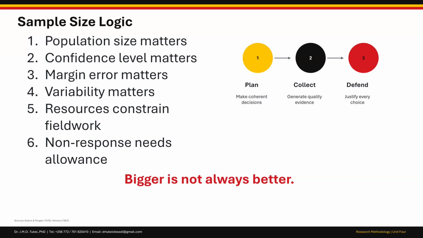We need to depend on the population size, the margin of error, and the confidence levels, and also ensure that we follow the study population and also resources. If you don't have resources, you may not be able to do anything. Because if the sample is big and you do not have the money to move in all counties or in the entire country, then you have issues.